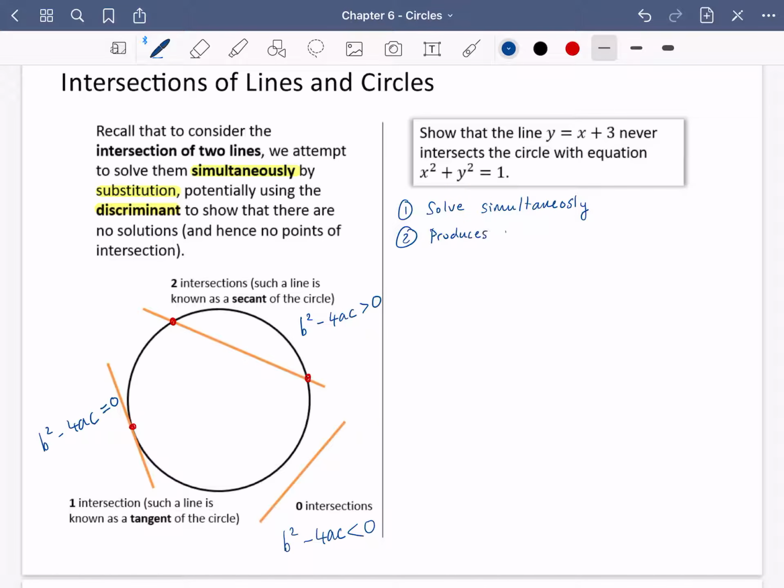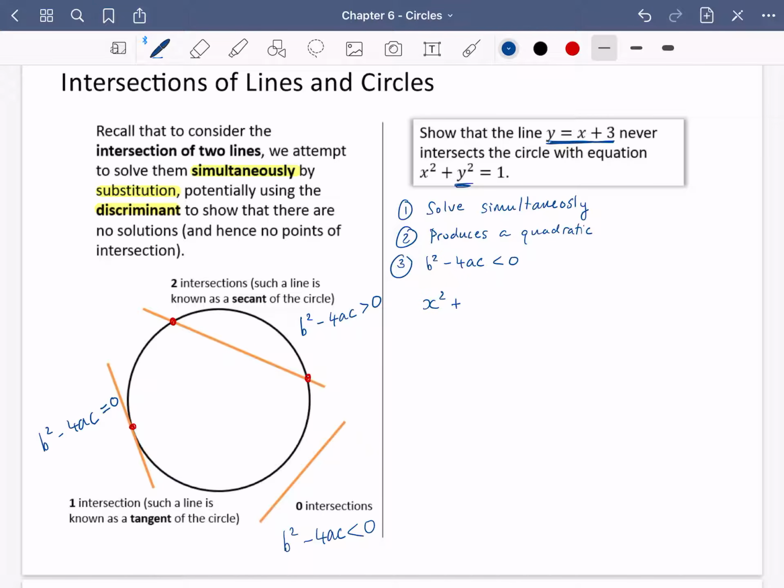And then if we want there to be no intersections, for that quadratic we're going to show that b squared minus 4ac is less than 0. And I suggested over here that the best way of solving this is to do substitution. So I'm going to take this y equals x plus 3 and immediately substitute it in here.